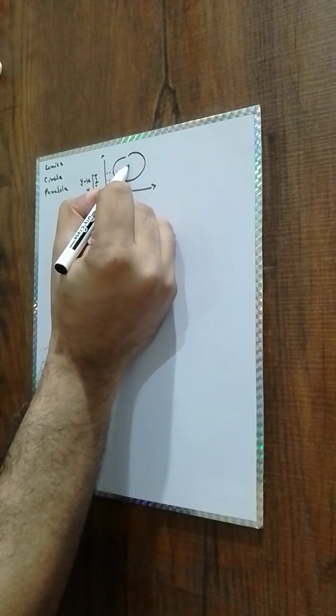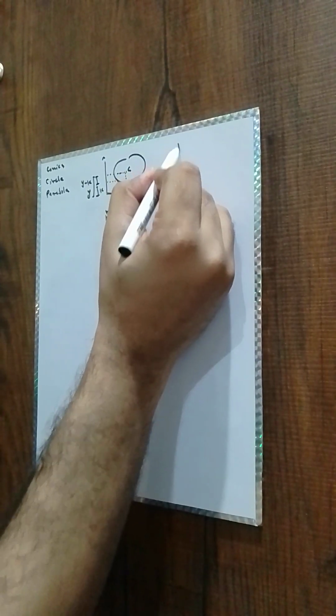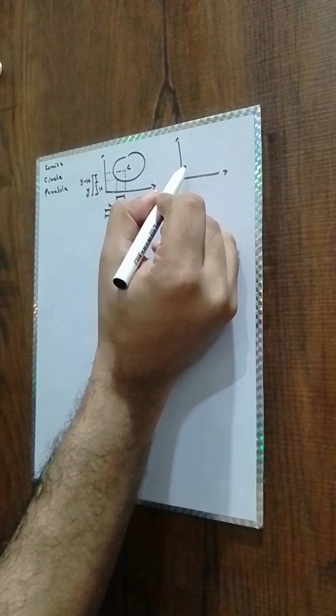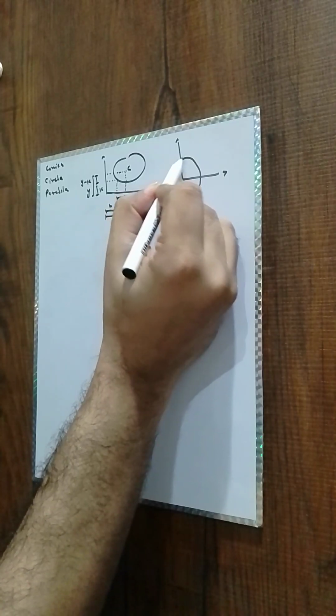So this is the center, and the other case is when the circle has the center on the origin.